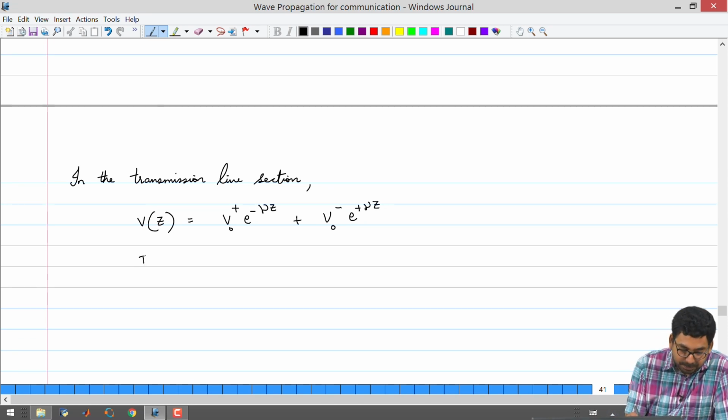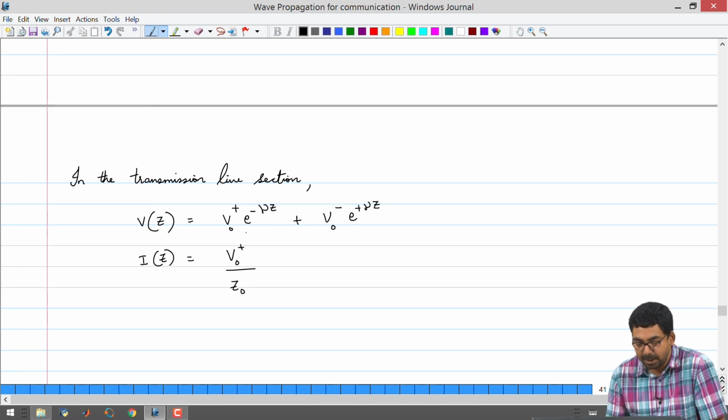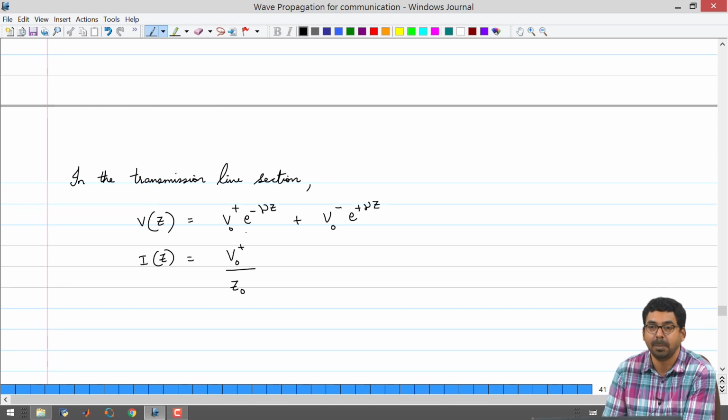The current I of z is going to look like V naught plus divided by Z naught. Just applying Ohm's law to get the value of I naught plus over here. We have already seen that the characteristic impedance Z naught is V naught plus divided by I naught plus.